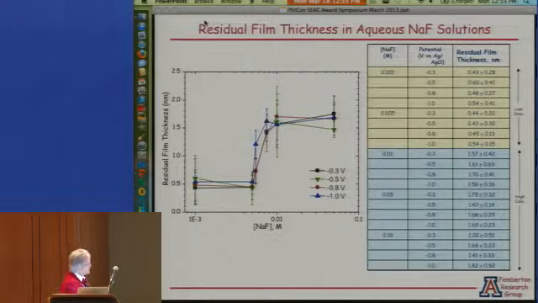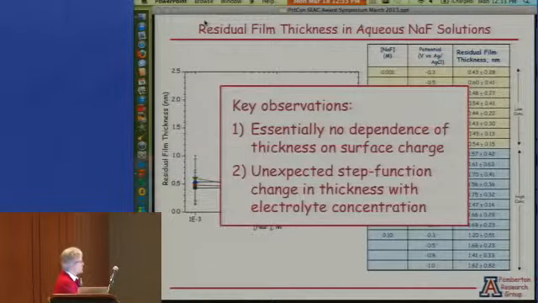And what you see is completely, at least for us, unexpected. You see essentially a step function change in immersed layer thickness with concentration. I'll summarize in terms of two key observations. There is essentially no dependence of thickness on surface charge. Each of these data points is at a different electrode potential, at potentials both positive and negative of the potential of zero charge, and so there's essentially no dependence on electrode potential.